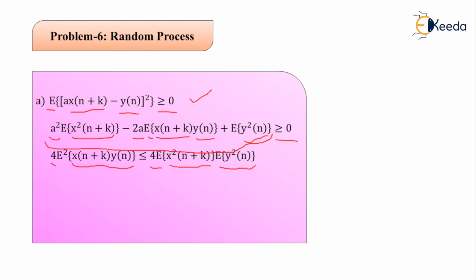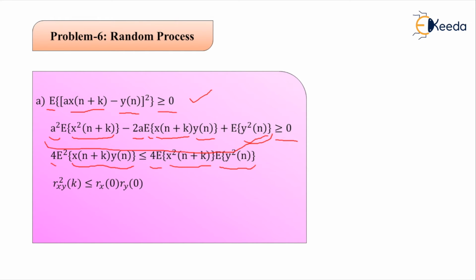Or in another way, in terms of the autocorrelation sequences for the individual random processes x of n and y of n, and the cross correlation function from the problem statement, we can represent the equation in this abstract form.